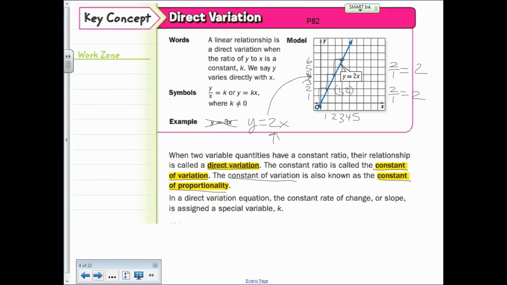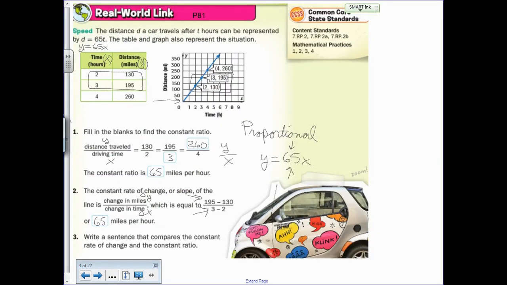Well, if we go back to this, we said this situation is proportional. And when we divided all the y's by all the x's, 130 divided by 2, 195 divided by 3, and 260 divided by 4, we found that they were all the same. This is what we did when we determined if a situation was proportional.